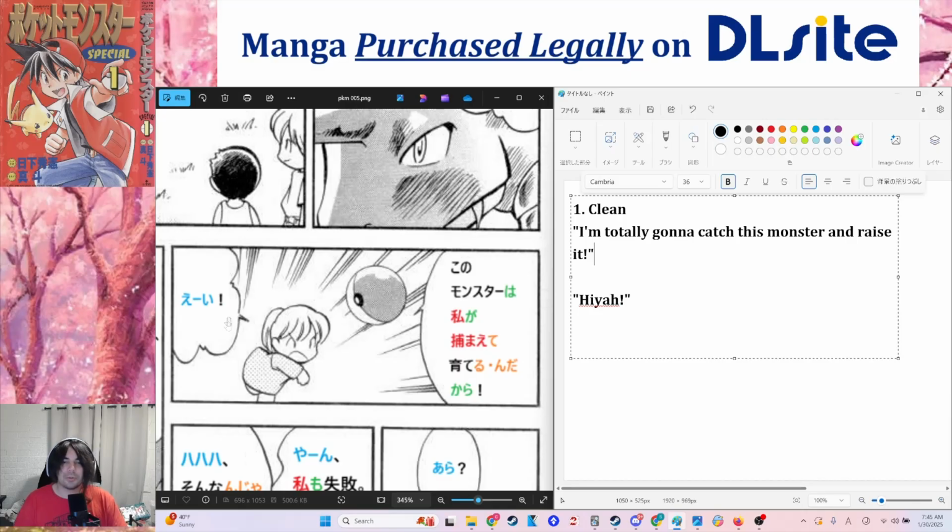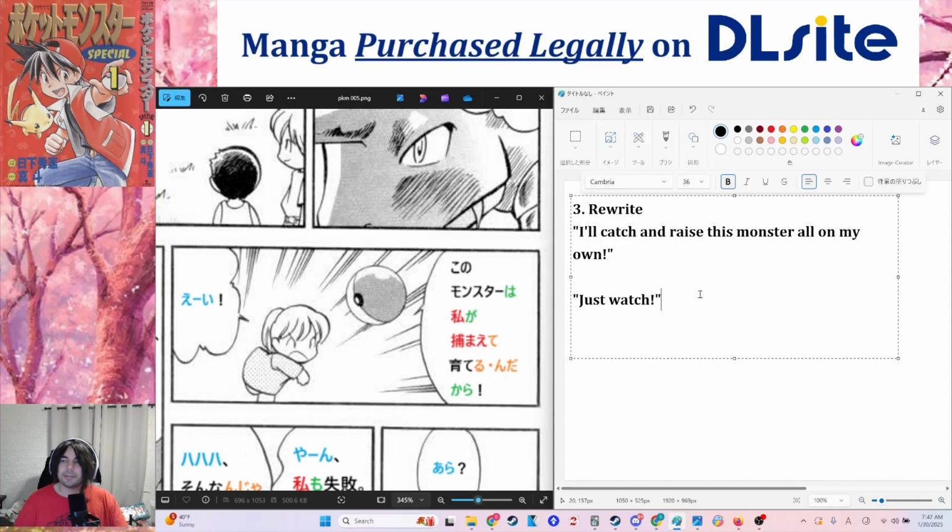As for the noise here, the effort noise, A is a little bit closer to haya or hya in English. So maybe the I doesn't even need to be here. Honestly, just hya is probably also a little bit better. And honestly, looking at it, I think I like this a bit more. So I'm totally going to catch this monster and raise it. Hya!